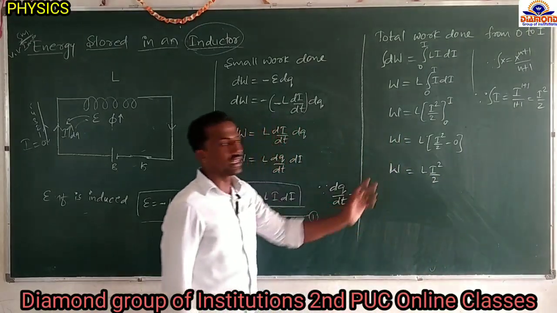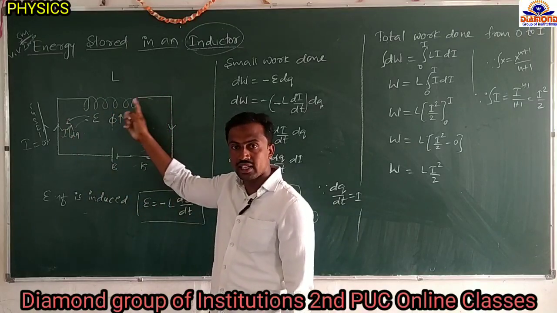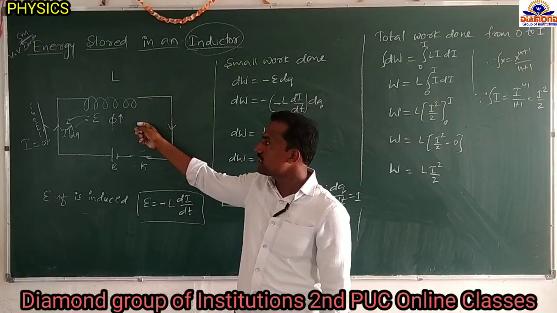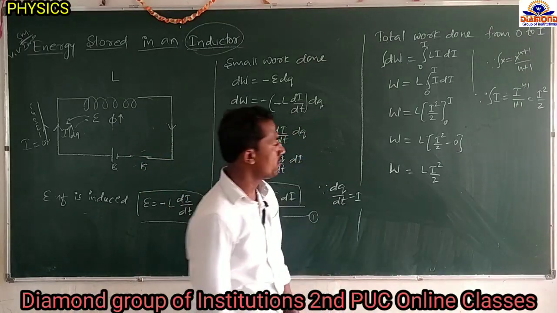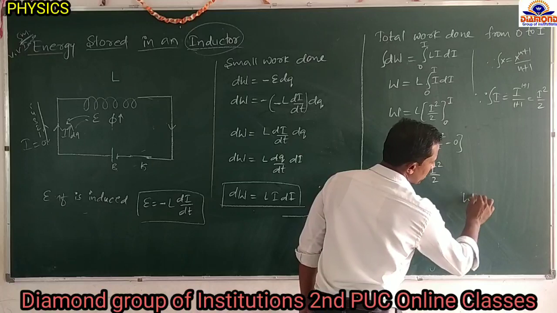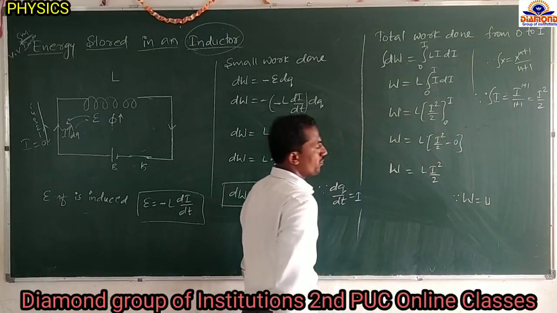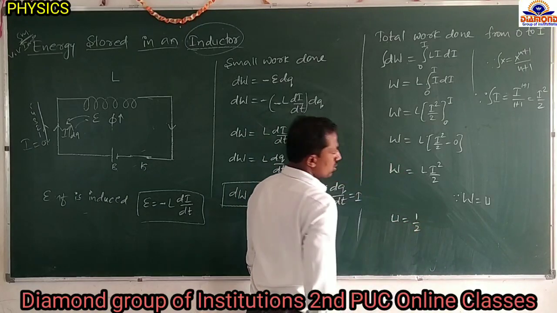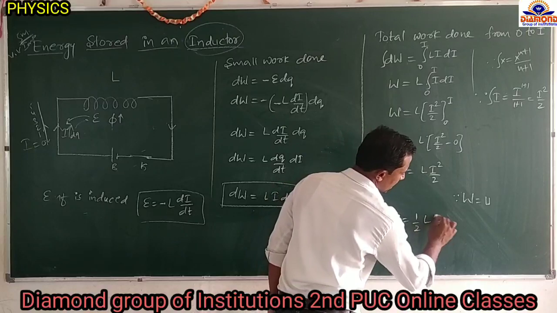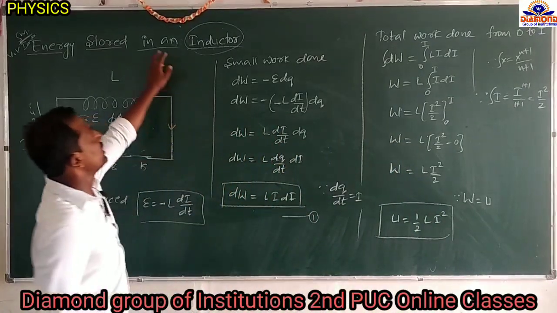This work done in establishing the current in the inductor is stored in the form of potential energy. Potential energy is denoted by U. Then W equals U equals half L I square. This is the energy stored in an inductor.